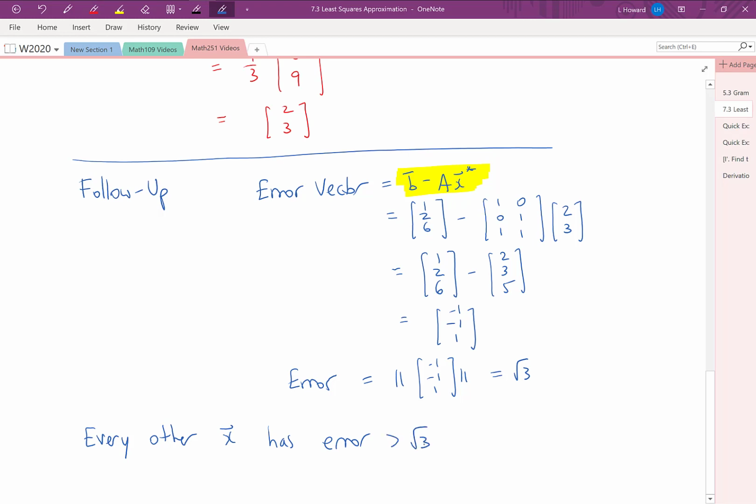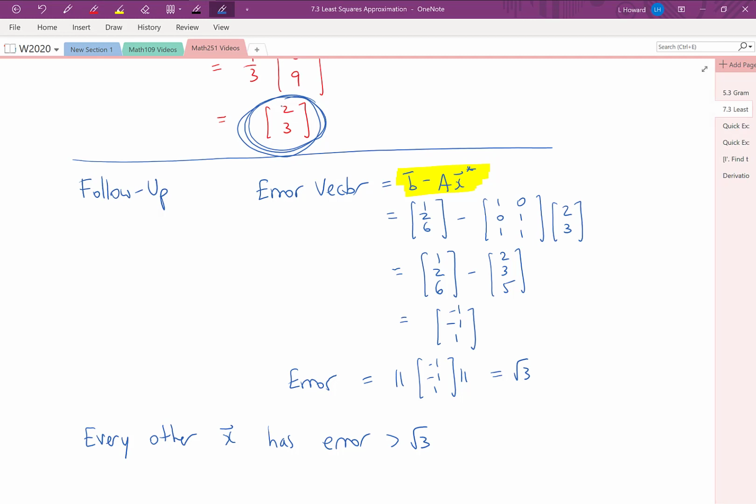You can try any other vector that you like in R2. You can put any real number into either of those components, calculate the error for that particular vector, and it's guaranteed to be bigger than √3. So that's what we mean when we say that the vector (2, 3) that we found up here is the best possible solution, or formally the least squares solution to the system.